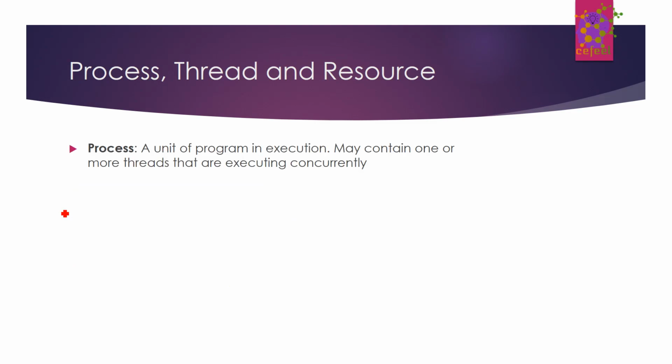So let's see what a process is. As we know, we have a computer system, and in a computer system there might be different programs. Let's say we have Microsoft Word, which we use to write, or maybe a video player, which we use to play a video. So all these, when they run, become a process.